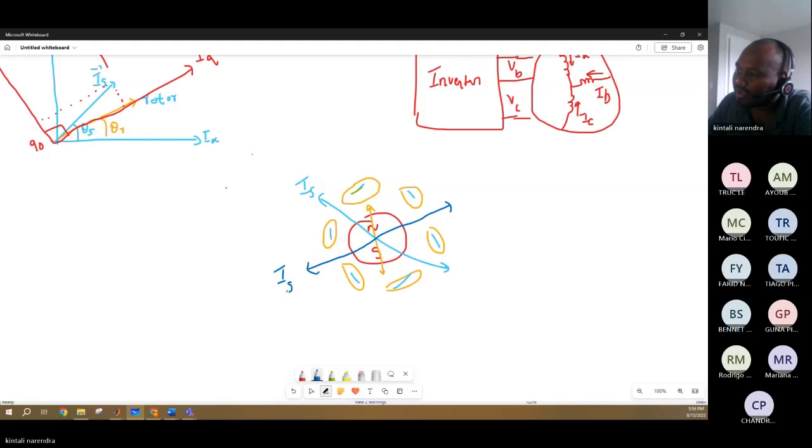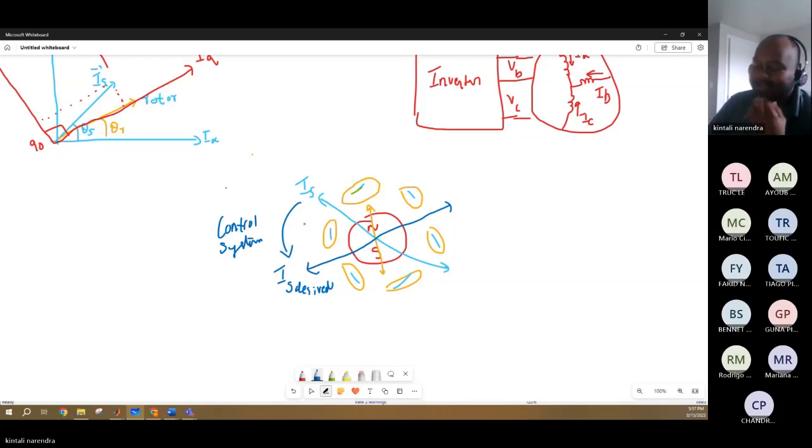This is IS desired. This is my point. So basically, I'm moving the IS to the desired position. It's going to be S in terms of a simulated magnet.